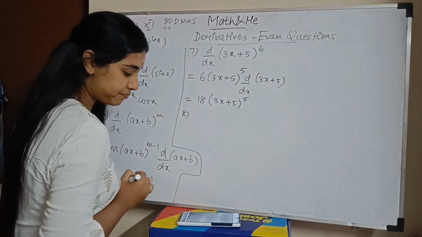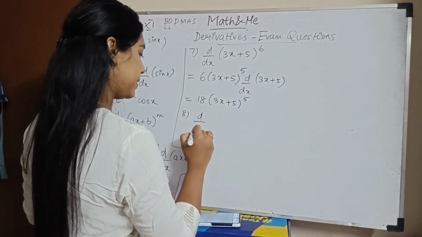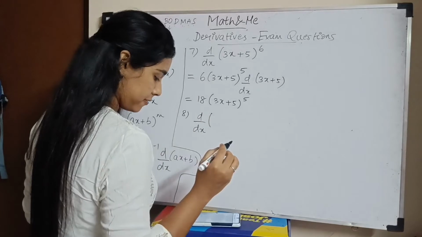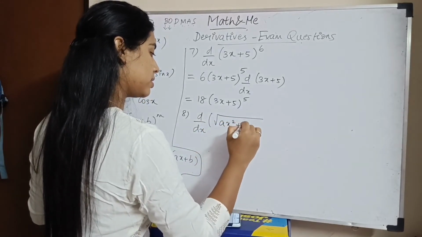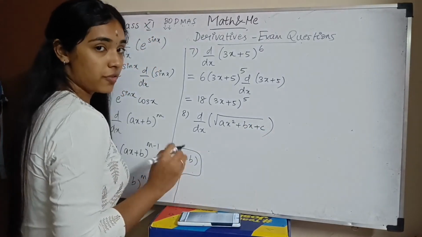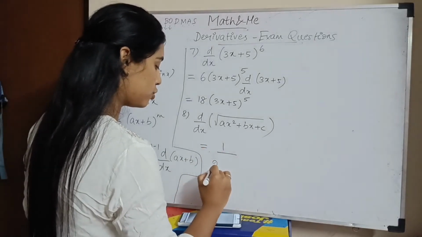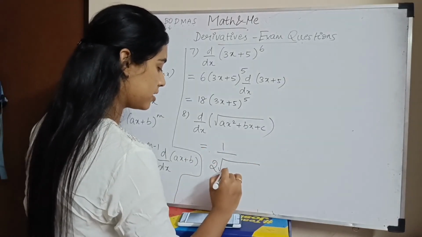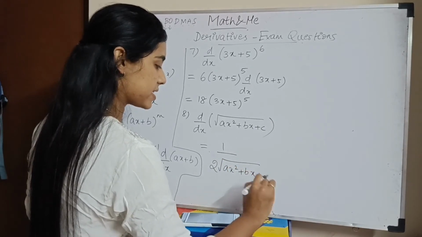Next question. d by dx of root of ax square plus bx plus c. So this is of the form root x. Root x, the derivative is 1 by 2 root x. What is your x here? ax square plus bx plus c.